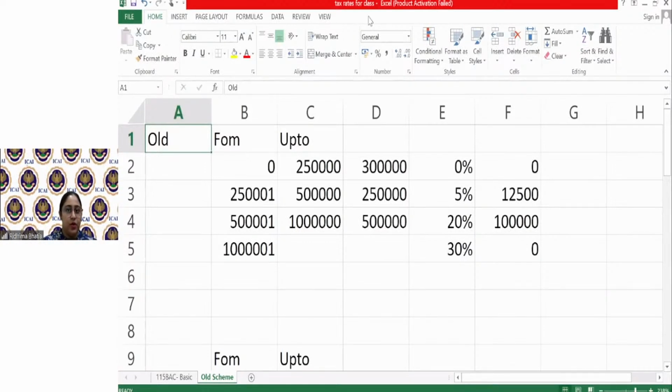So let's understand what the tax rates applicable to the old scheme are. 0 to 2.5 lakhs. This is for individuals, HUF, AOP and BOI, whether resident or non-resident. 0 to 2.5 lakhs. Difference should be 2.5, sorry. One second.